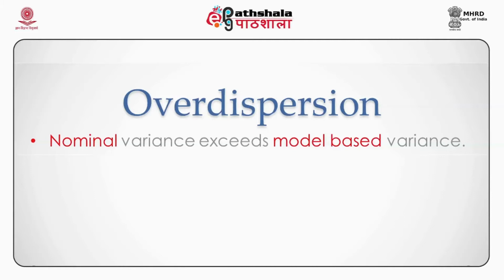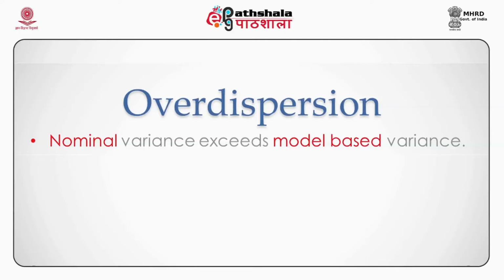So say for example we have count data. By nominal variance we mean the empirical variance obtained by taking 1 over n minus 1 summation (y_i minus y bar) square. So say we have one categorical predictor, then in this case we could look at this variance within each category, and this would give us the nominal variances.